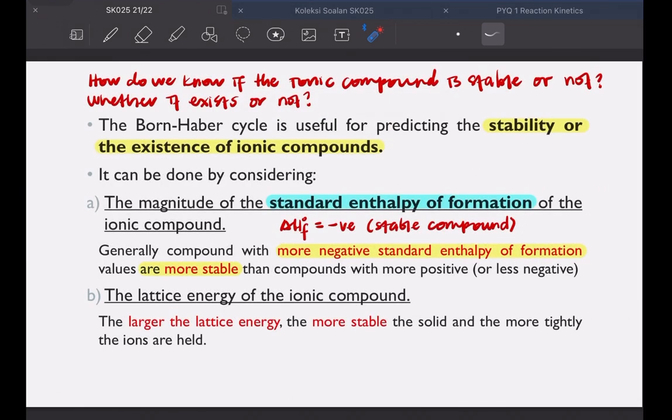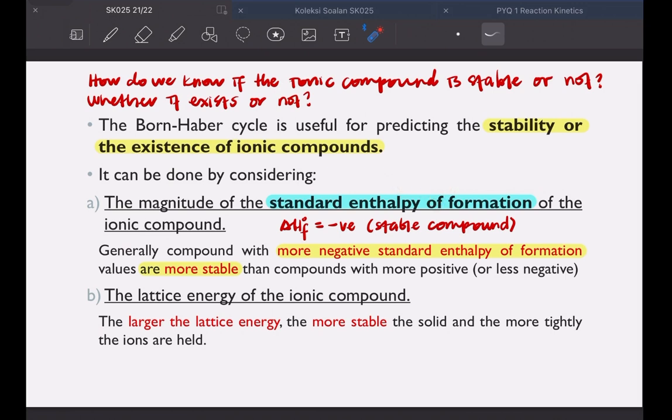So how do we know if the ionic compound is stable or not, whether it exists or not? So we're going to use Born-Haber cycle to predict the stability or existence of our ionic compounds. How do we do that? Actually, we will be looking at the magnitude of our standard enthalpy of formation, your delta H naught formation of your ionic compound.